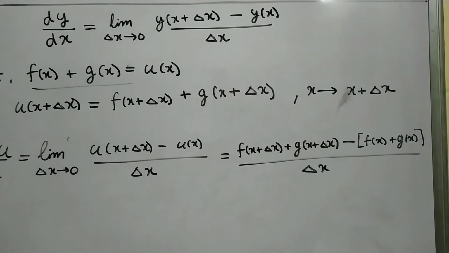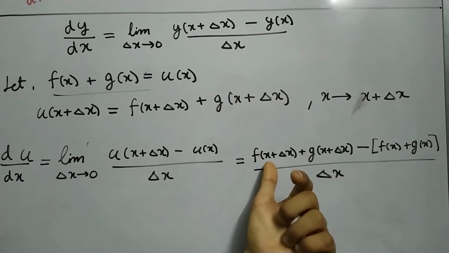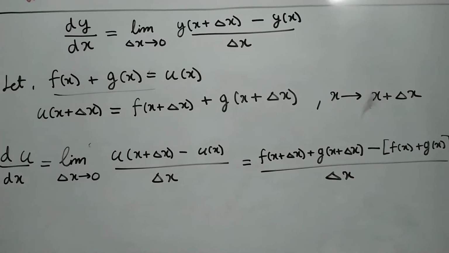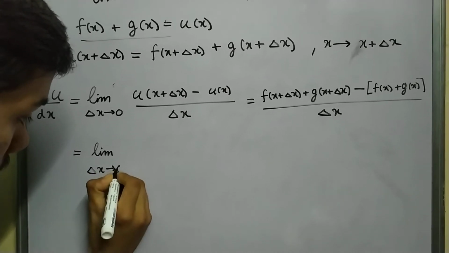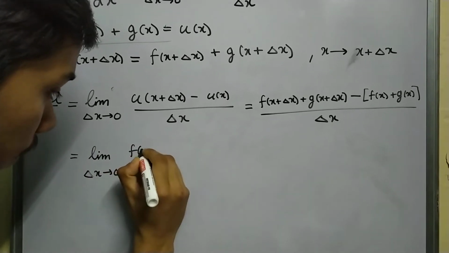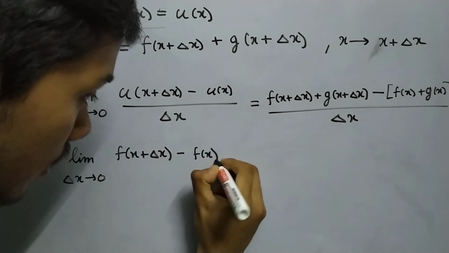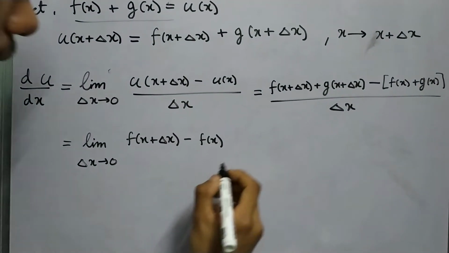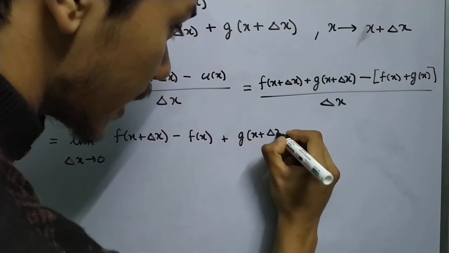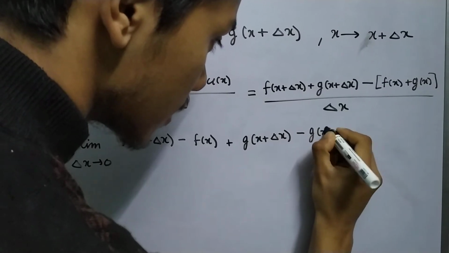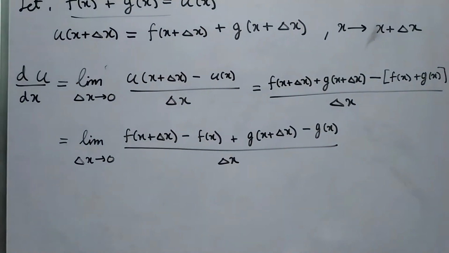Now to make things easier, we'll be combining terms involving f of x like this. So limit delta x approaches 0 of f of x plus delta x minus f of x, plus g of x plus delta x minus g of x, and the whole thing divided by delta x.